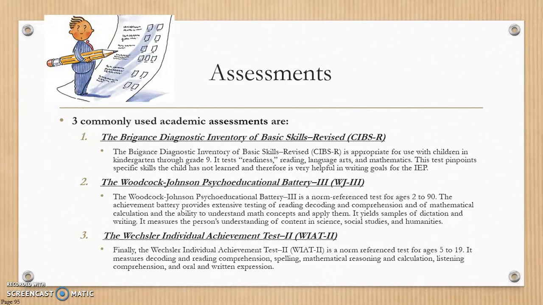It tests reading, decoding, comprehension, and mathematical calculation, and the ability to understand math concepts and to apply them. The Wechsler is for ages 5 to 19. It measures decoding and comprehension as well as spelling, math reasoning, calculation, listening comprehension, oral and written expression.